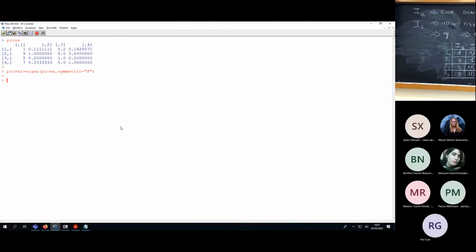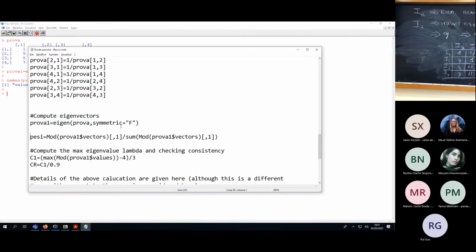So let's look at it. I think the result is a list, named prova 1, with values and vectors, okay, very good. We have eigenvalues and eigenvectors, but in order to extract them, I need a subsequent instruction, which is the instruction for the computation of the weights.